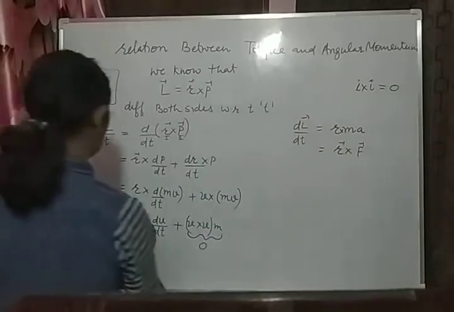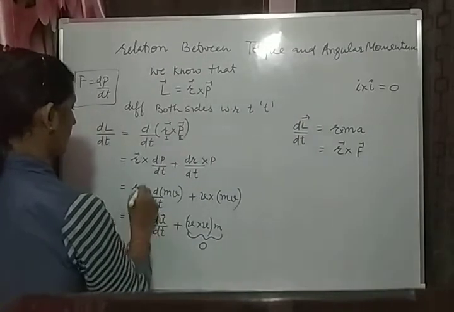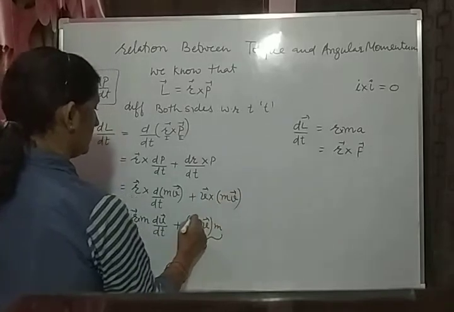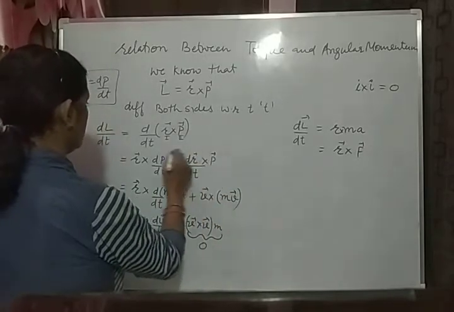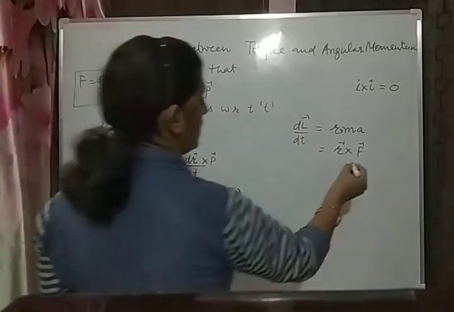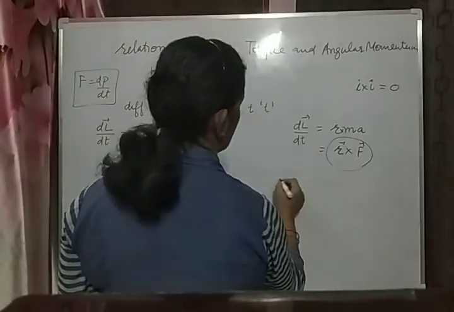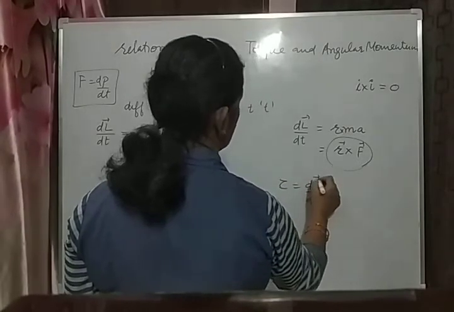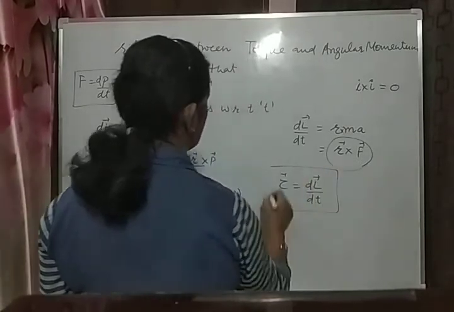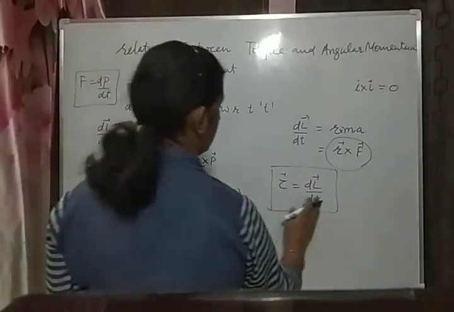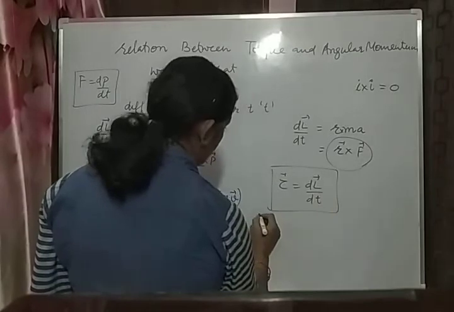All these are vector quantities, so the vector sign is a must here. L is also a vector. So the right hand side is equal to torque. So torque is equal to dL by dt, and this is the most important and famous relation between torque and angular momentum.